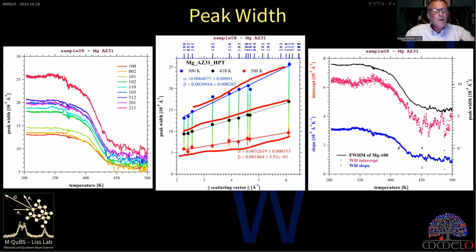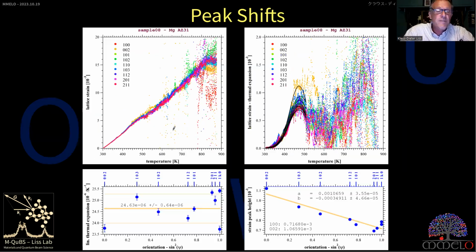We can also look at the peak shifts in thermal expansion. Here we have the temperature and the total lattice strain. So this is thermal strain, chemical strain, and whatever strains you have. We see that this is not linear.